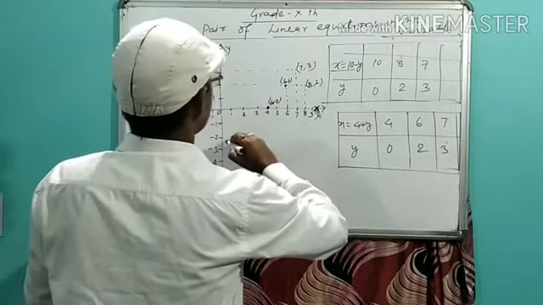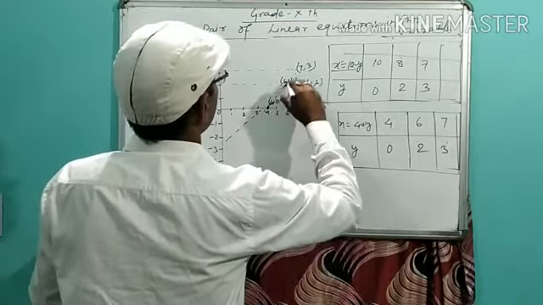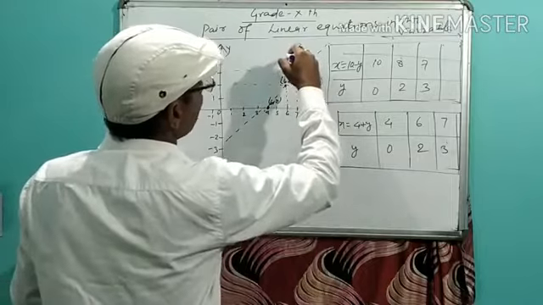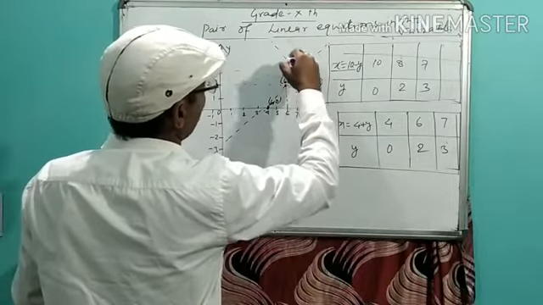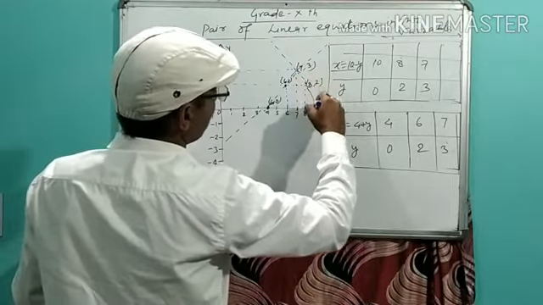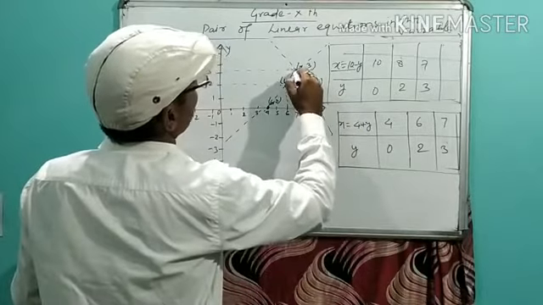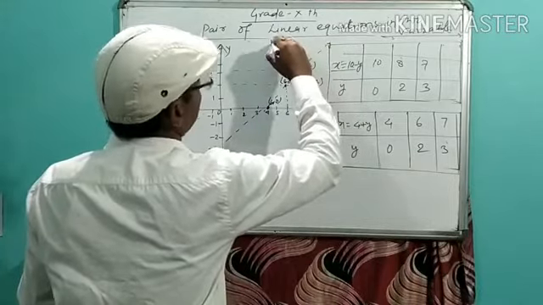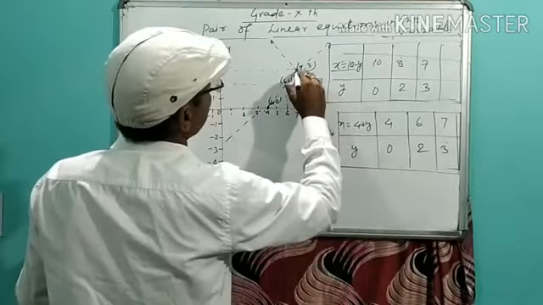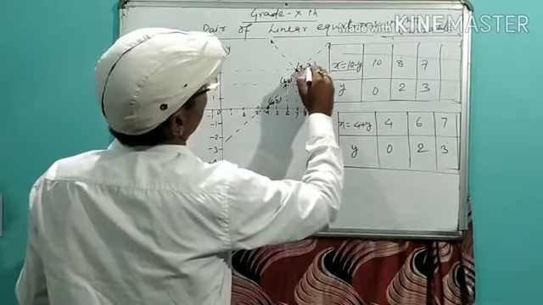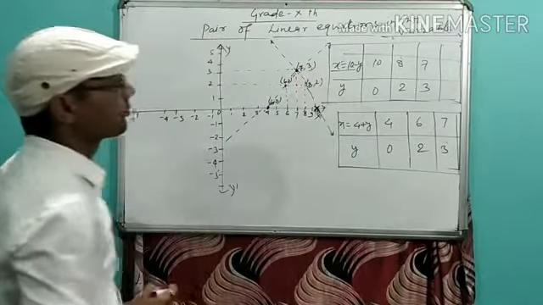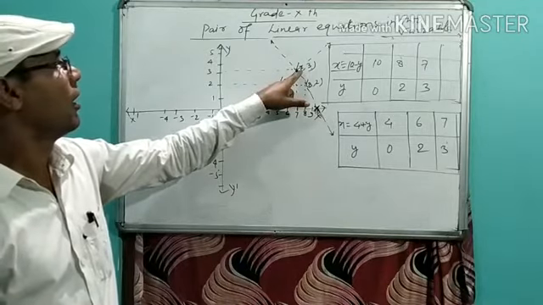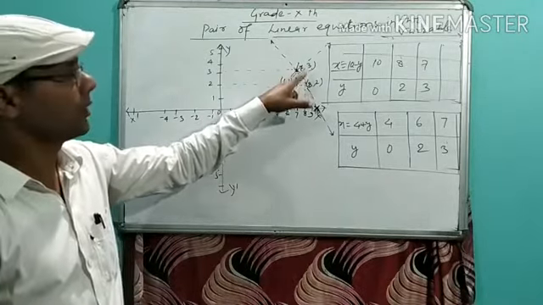Now you have to join it. Okay, and this line is going in such a way. You are looking here, this line and this line both are intersecting at the coordinate point 7, 3. It means the value of x is 7 and the value of y is 3.